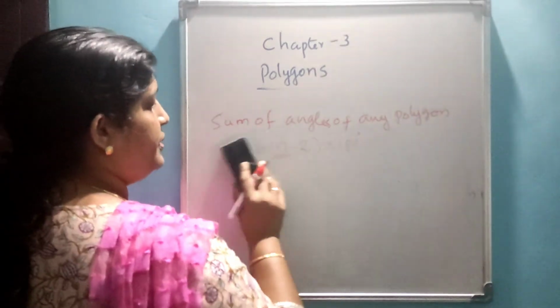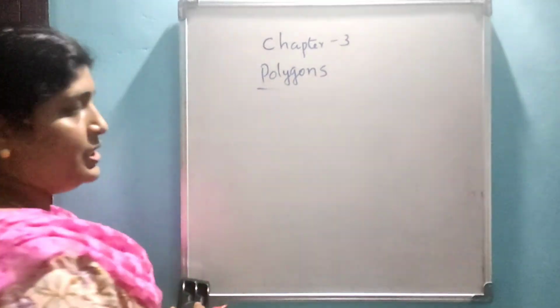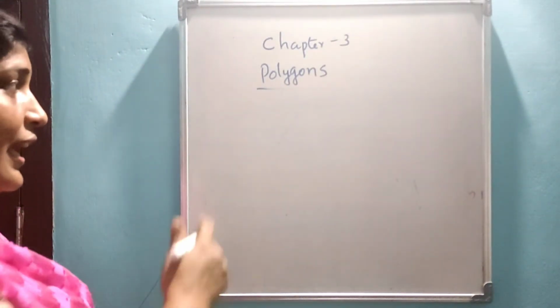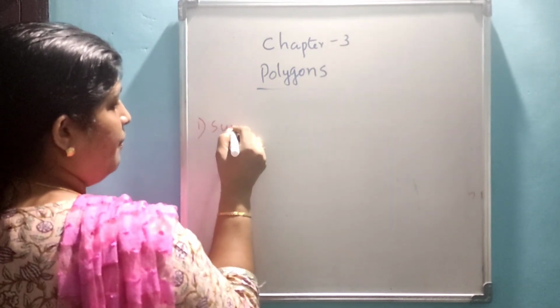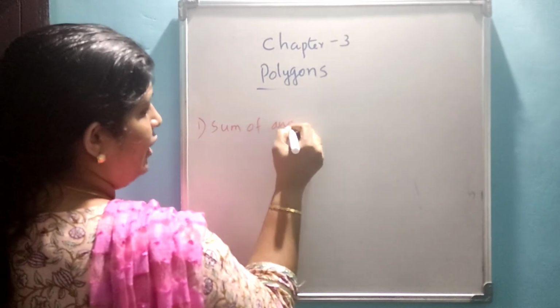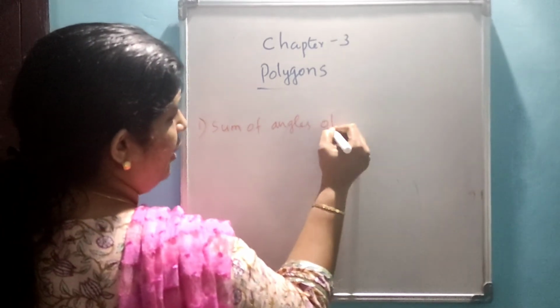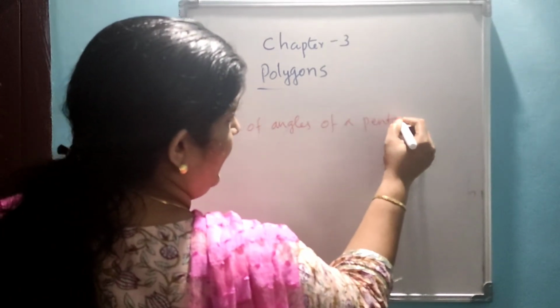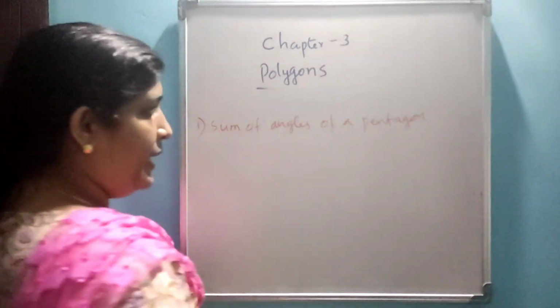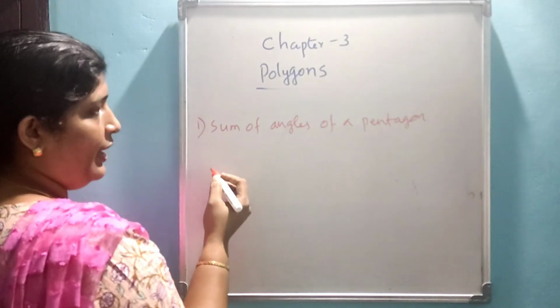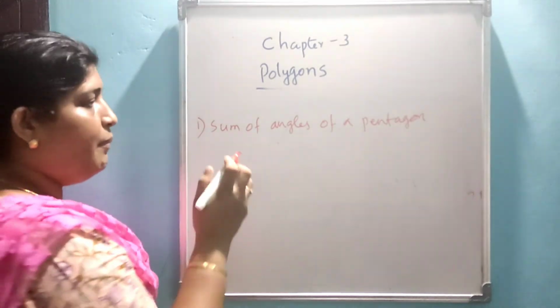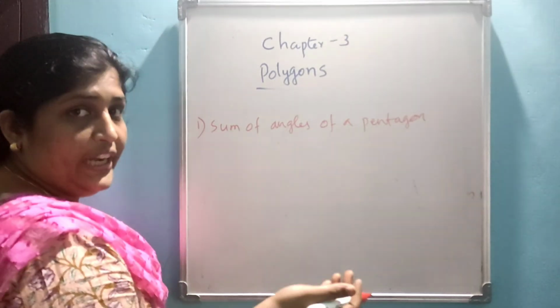Then can you say what is the sum of angles of a pentagon directly using this? Find the sum of angles of a pentagon. Pentagon means it is a 5-sided figure, right? Then what is its sum of angles? For any polygon, the sum of angles is n minus 2 into 180.